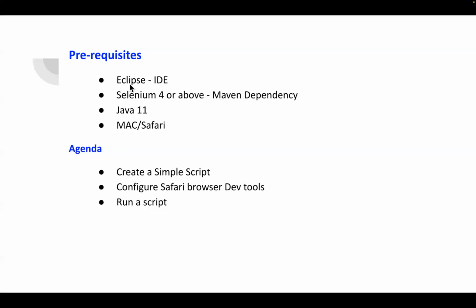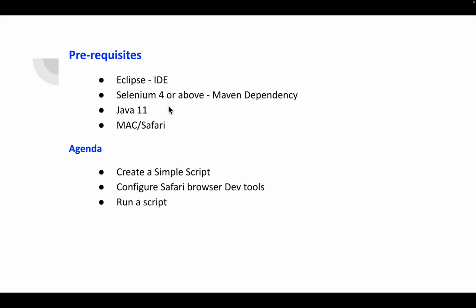So these are the prerequisites that you should have installed in your machine. Eclipse for development of the test script, and Selenium 4 or above. You can add Maven dependency in order to access all the Selenium libraries.